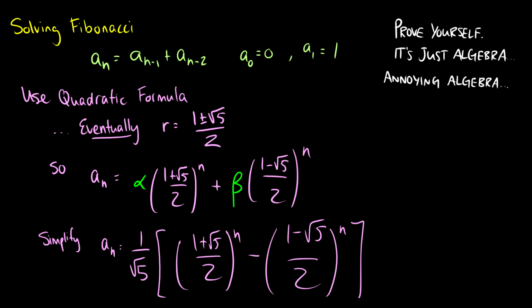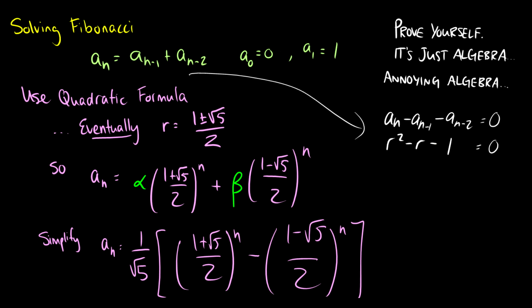Our first 2 numbers are 0 and 1. So we have to find the characteristic polynomial. We get a_n - a_{n-1} - a_{n-2} = 0, so we get r^2 - r - 1 = 0.